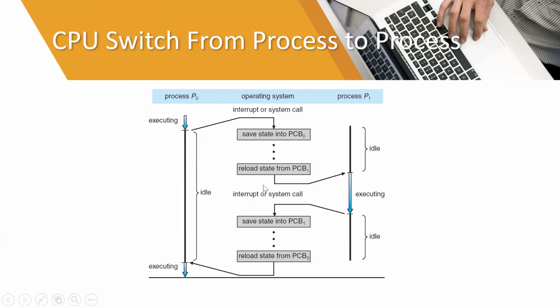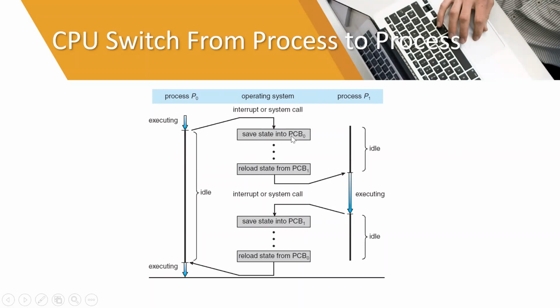This diagram depicts the process of context switching between two processes, P0 and P1. Let's take an example of process P0 and process P1. In this figure, we can see that initially process P0 is in the running state, and process P1 is in the ready state.